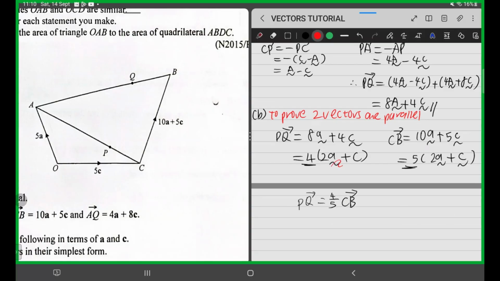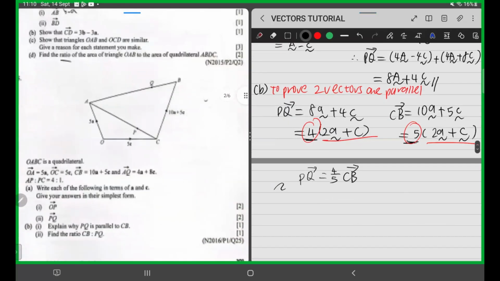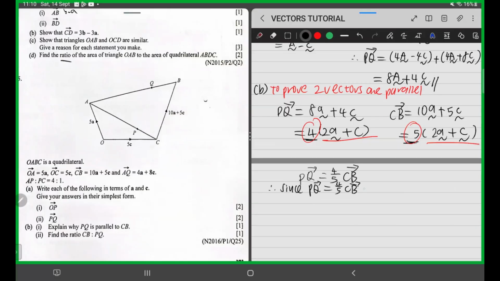Since we have shown that they have the same vectors, it's just that they have different scalar multiples, you can essentially express PQ in terms of CB. Therefore, your answer would be, since PQ equals 4 out of 5 CB, PQ is parallel to CB.